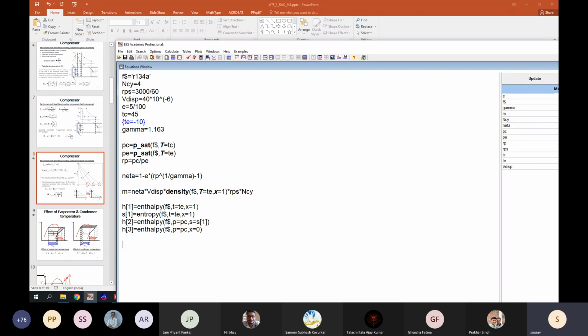Now we just need to write what RC is. So RC will be equal to M times (H1 minus H3), and work consumed will be M times (H2 minus H1). If you want to see the COPs also, you can write that.